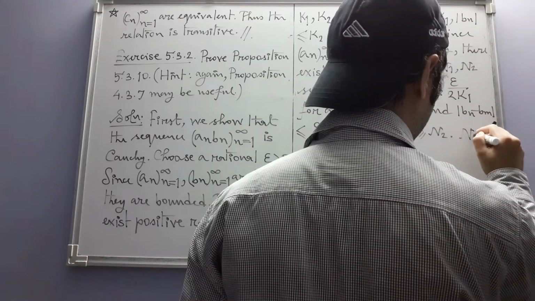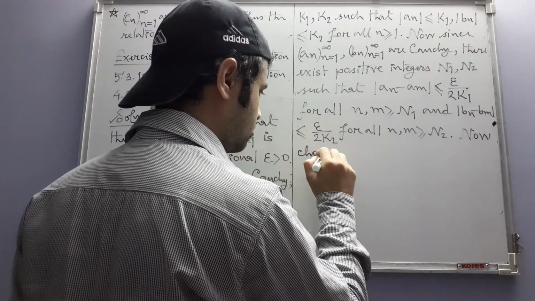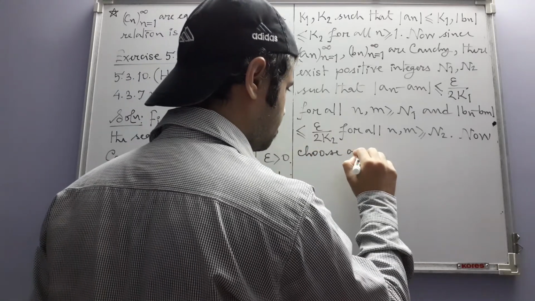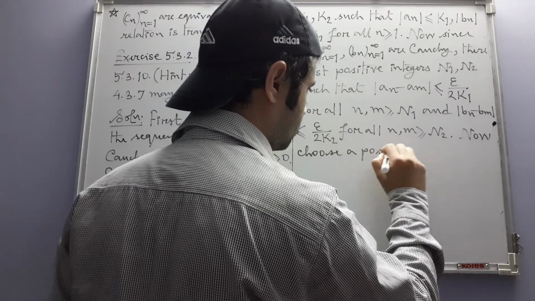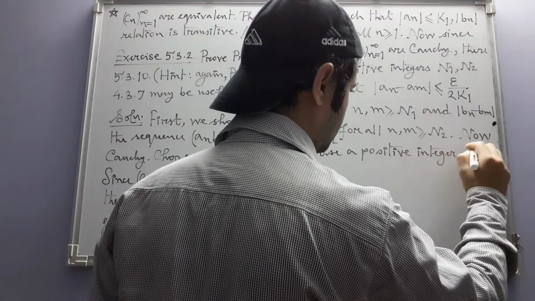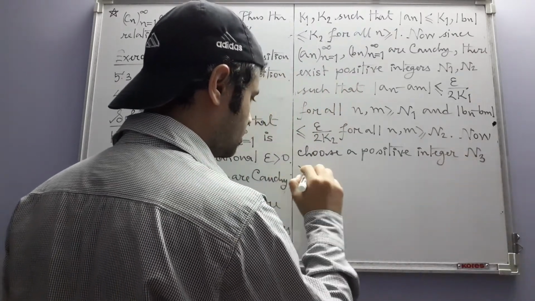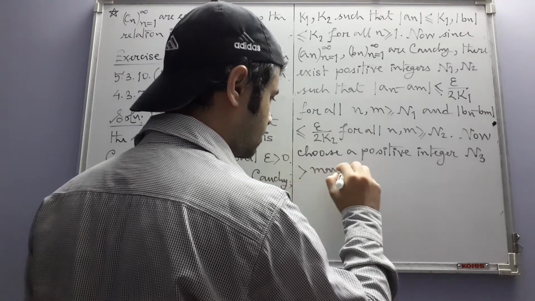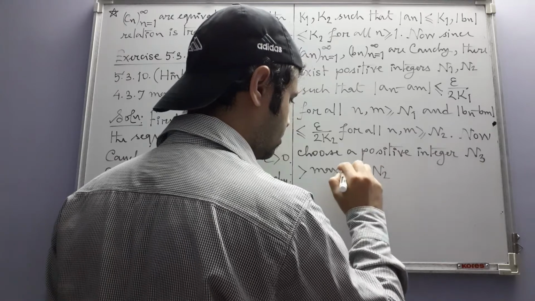Now choose a positive integer n3 greater than the maximum of n1 and n2.